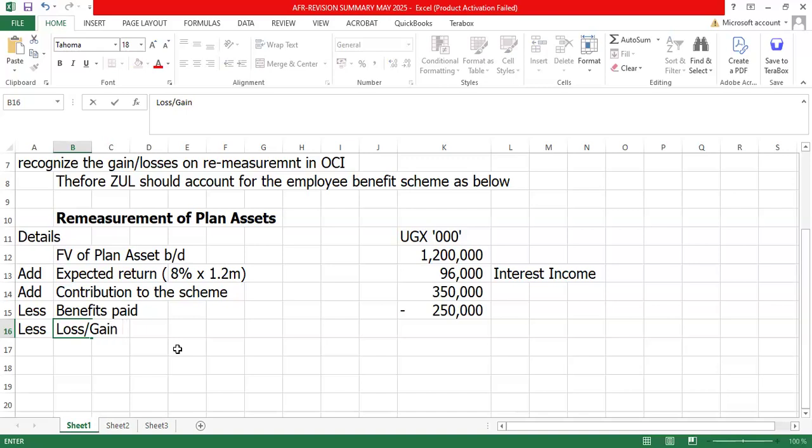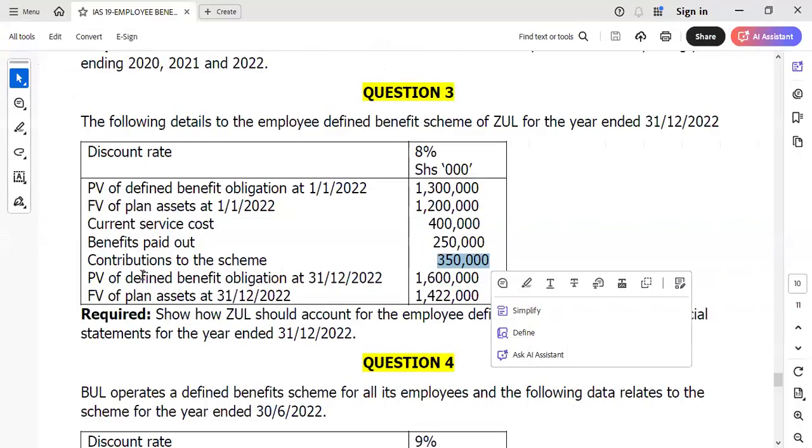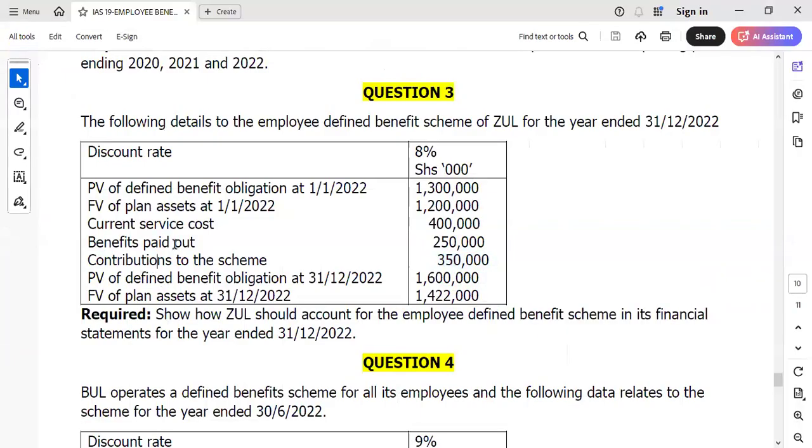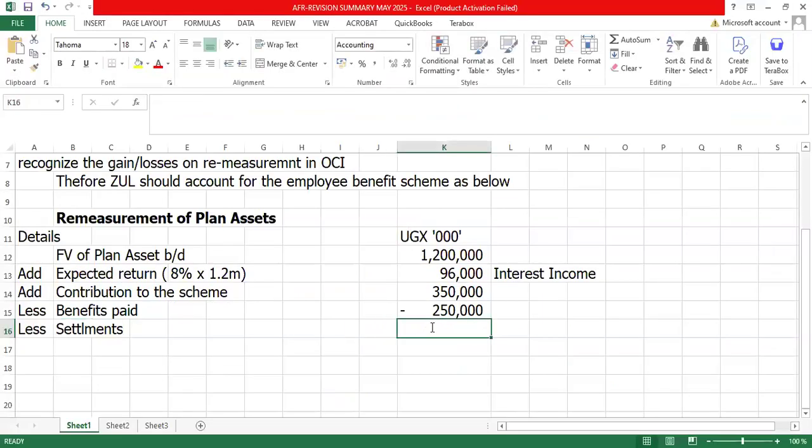You may have a loss on settlement, or a gain on settlement, depending on the question. Do we have settlements or curtailments in the question? We don't have, so there it's 0.